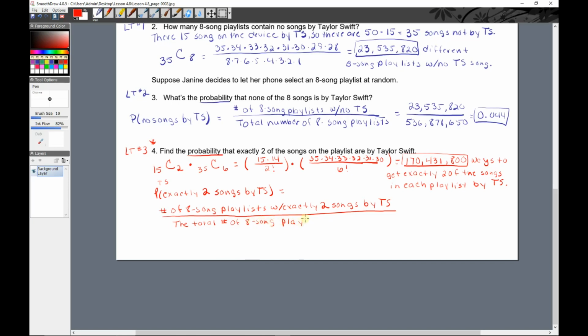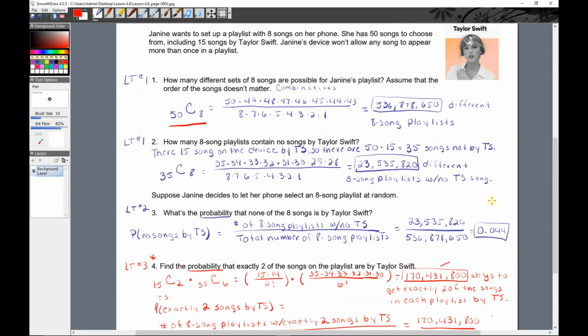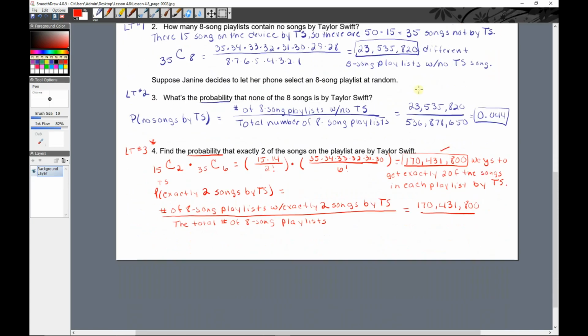And we know those 2 numbers. This top, the numerator, is what we figured out there. That'll be the 170,431,800. And the other number is the one we started with way up here. That's this, which is the total number of playlists.